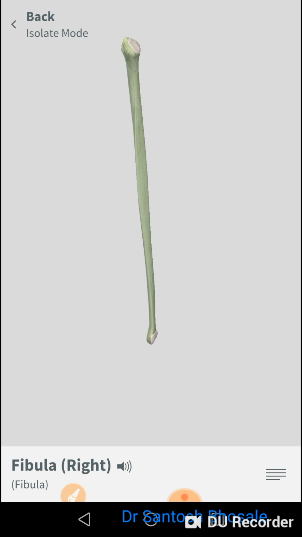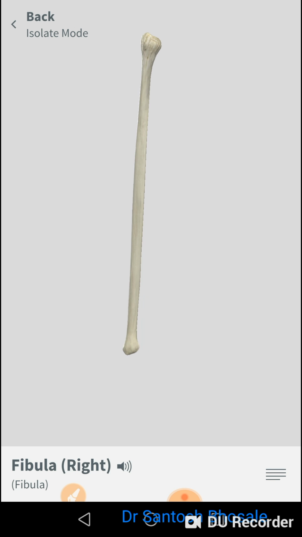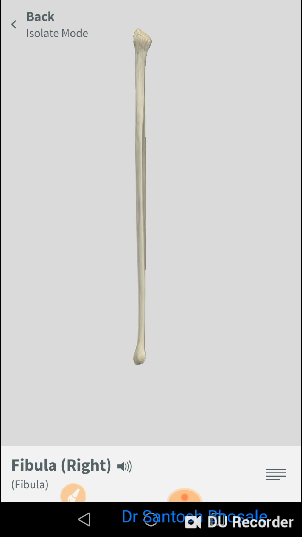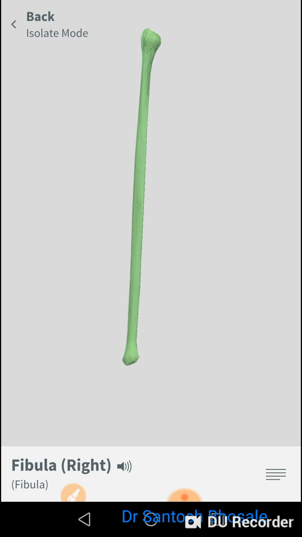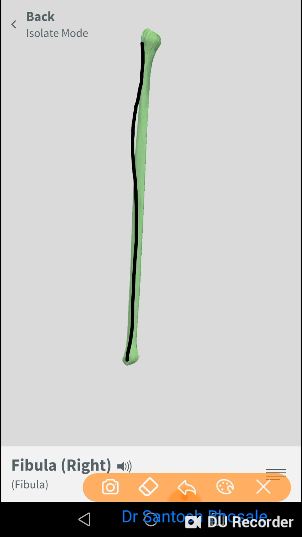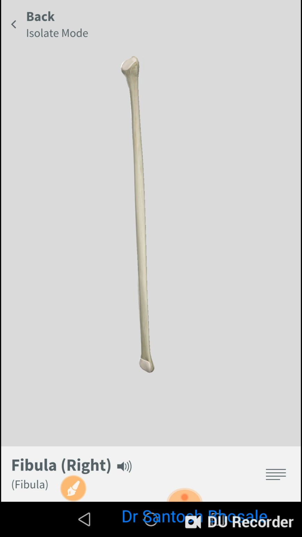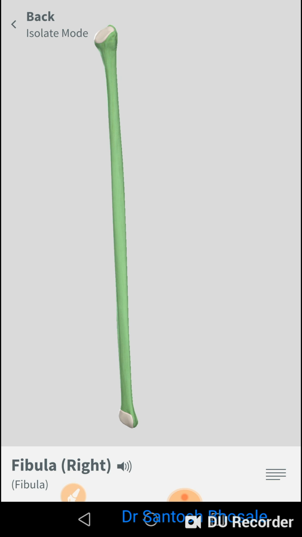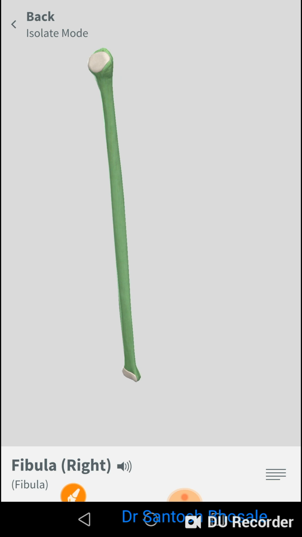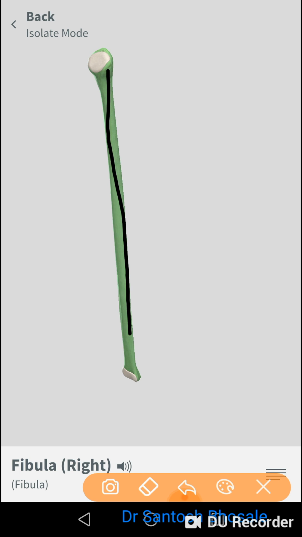The medial border is sharp. This is the anterior border, beginning just below the styloid process. This is the sharp medial border or interosseous border, and posteriorly you have a not so significant posterior border. Here you can see the posterior border.